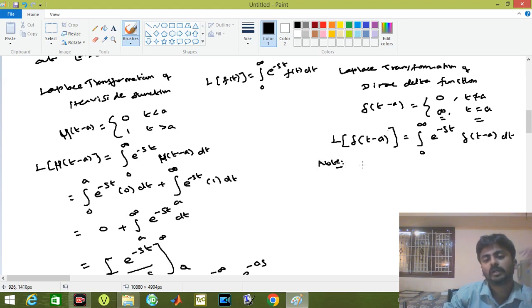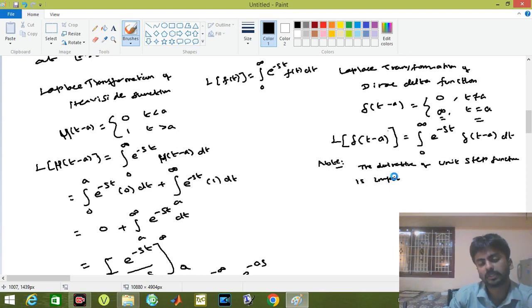The derivative of this unit step function is this impulse function, that is unit impulse function or Dirac delta function. There is a note like this.